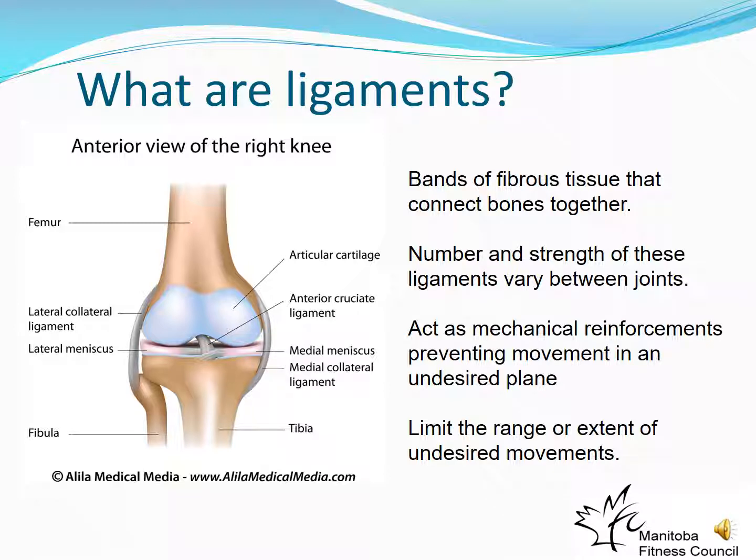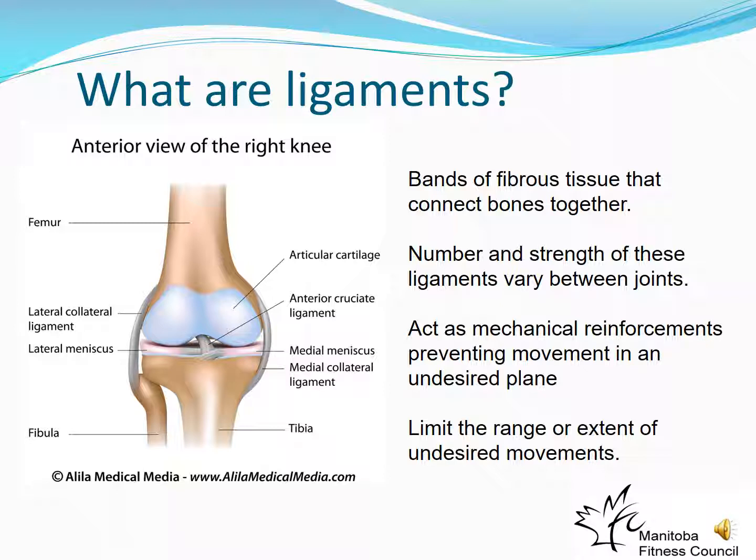Another example is, well, first of all, I should make it very clear. There are ligaments around every single joint, multiple ligaments around every single joint. But the other example I'm going to use is your ankle joint. When you go to roll your ankle like people do, where the inside sole of your foot comes inwards, and people sprain their ankle, that's called an inversion sprain.